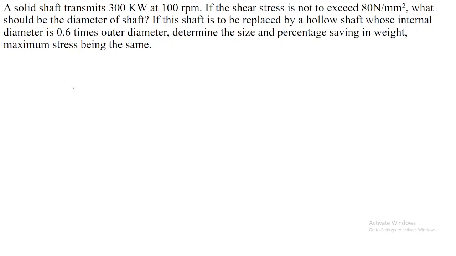Try. Yeah. So first, what will you find out? Given is tau max equals 80 Newton per mm square. Okay, and power is equal to... What is the torque given?